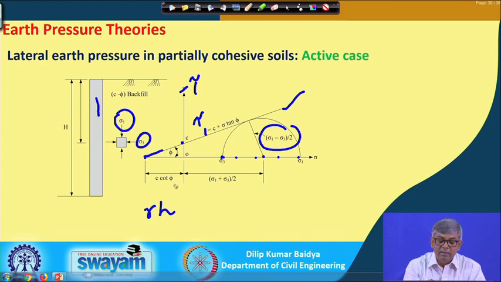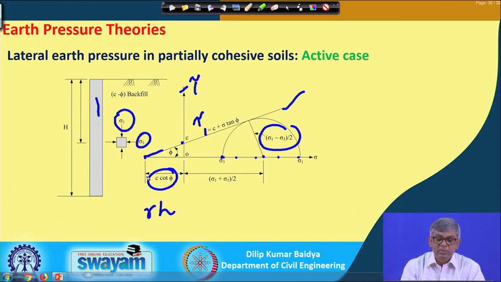Again, we can find this distance as sigma 1 plus sigma 3 by 2, and if I consider this angle as phi and this portion as c, this distance will be c cot phi.